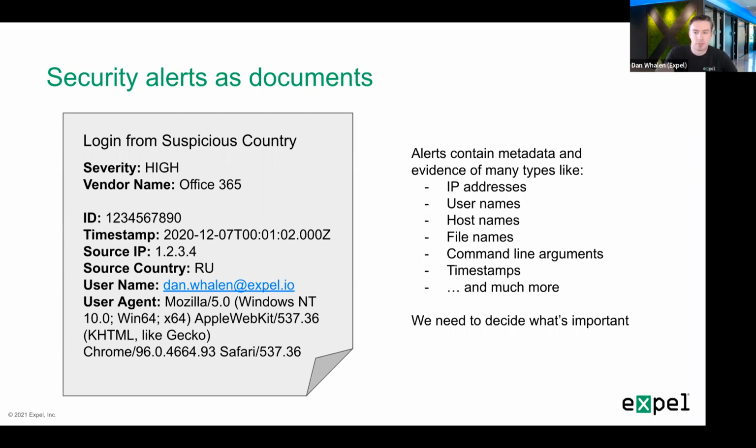So a good example of information that we would want to include as a feature is evidence like IP addresses, host names, usernames, file names, things that are very relevant and make that security alert special and unique. But there's also a lot of data in security alerts in general that might not be useful to extract as a feature. Things like a unique identifier or a GUID, or as James mentioned, a timestamp.